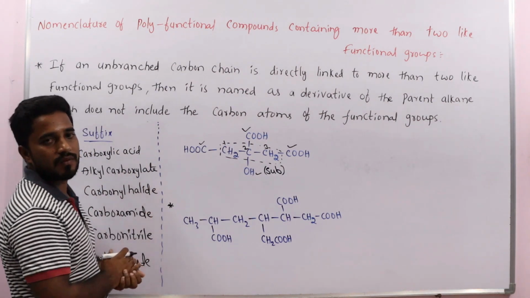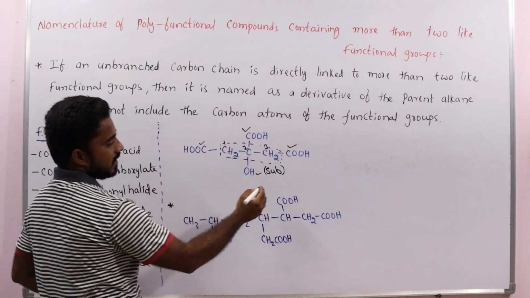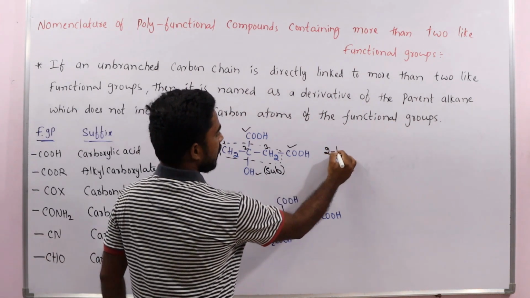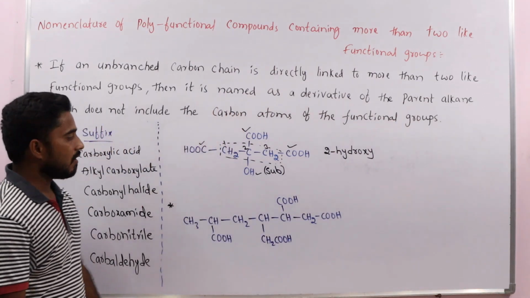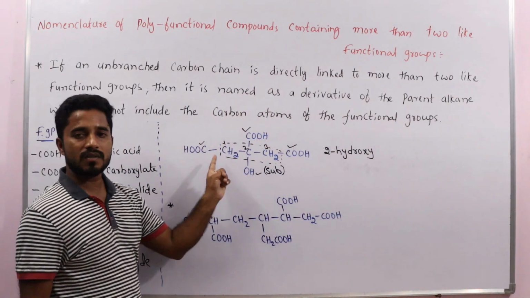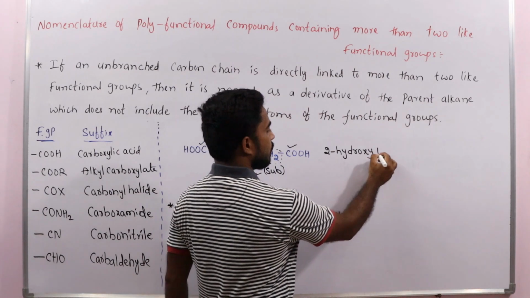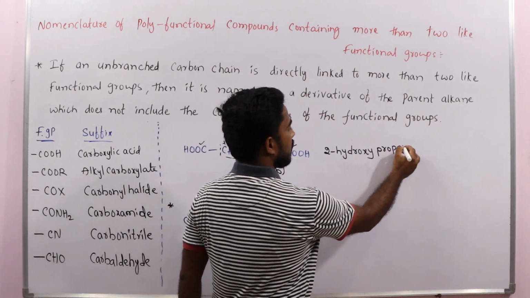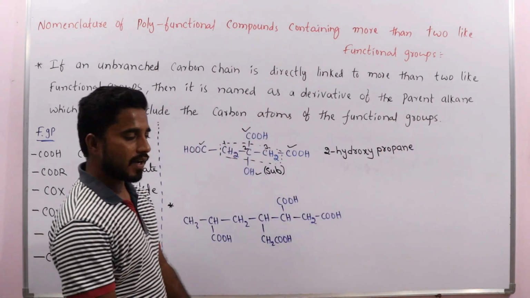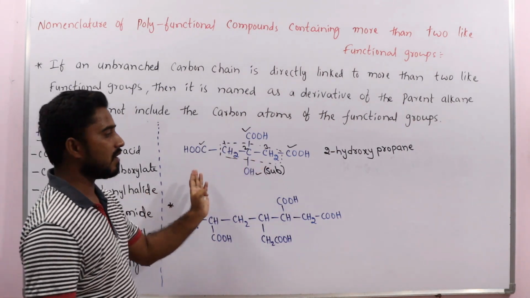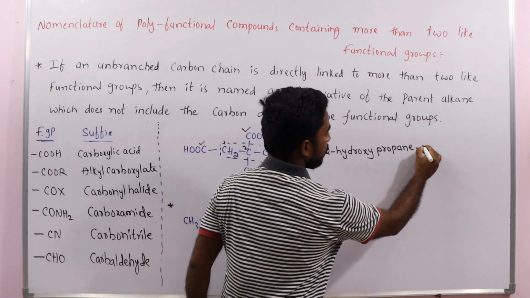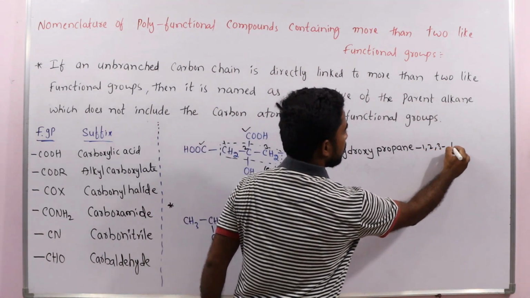Then before the root word we have to write it. Let us write the name of this molecule. 2-hydroxy. Here the parent chain contains 3 carbons, that's why propane, 2-hydroxypropane. COOH groups at first, second and third positions, that's why 1,2,3-propane.